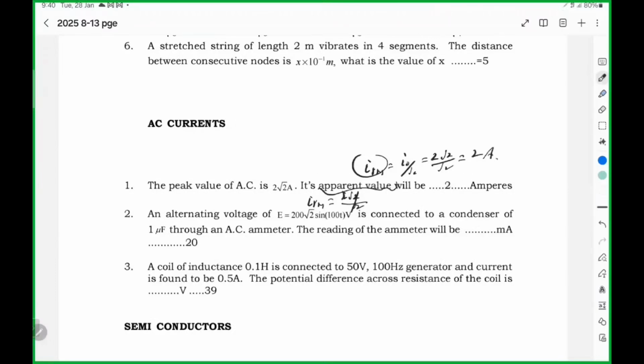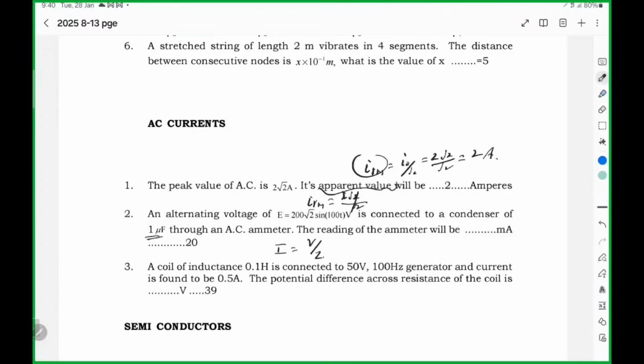An alternating voltage is connected to a condenser of 1 microfarad through an AC ammeter. What is the reading of the ammeter? How do you calculate the reading of the ammeter? I will be V by Z. What he has given for this is the condenser capacity.